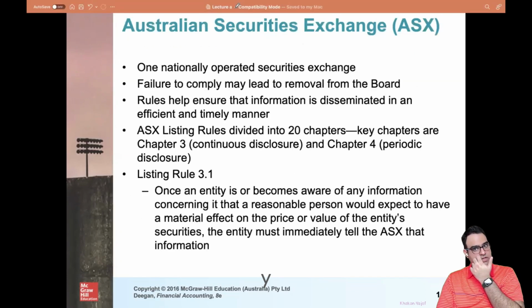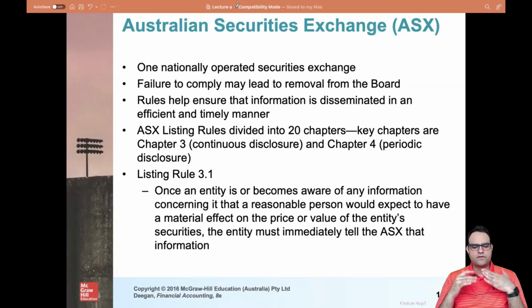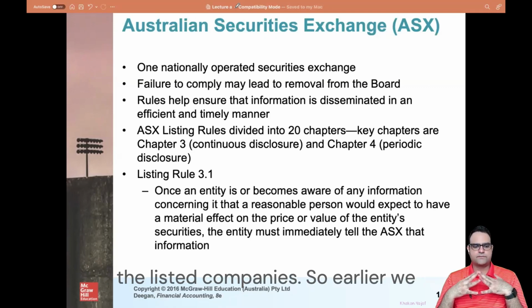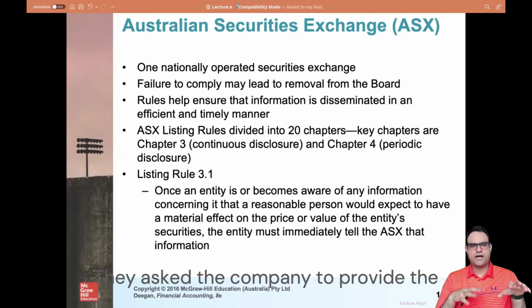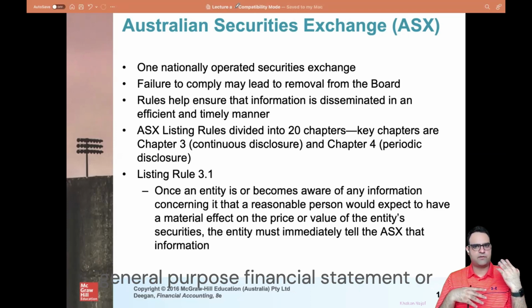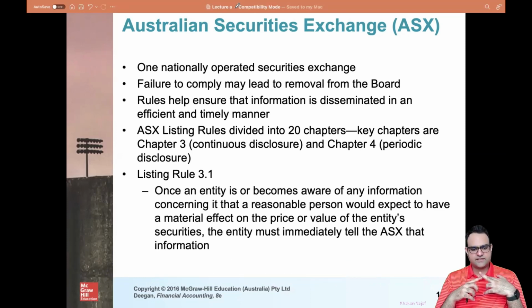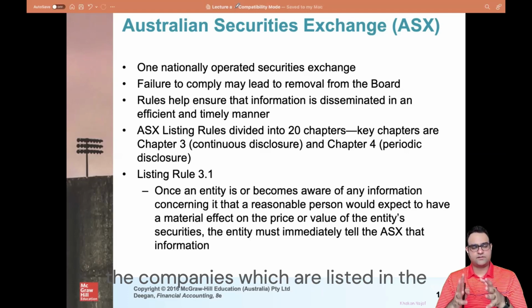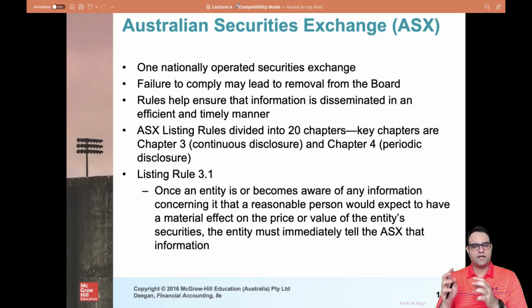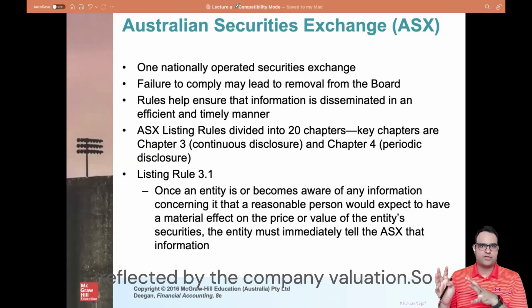Then the last one is the Australian Securities Exchange, which is kind of like Bursa Malaysia. It oversees the additional requirements for listed companies. Earlier we discussed ASIC, which asks the company to provide the general purpose financial statements, the disclosure or specific records. Whereas for the ASX, their primary responsibility is to see that the companies listed on the stock exchange must follow the accounting standards, and that the value of the company, especially the share price, truly reflects the company valuation.